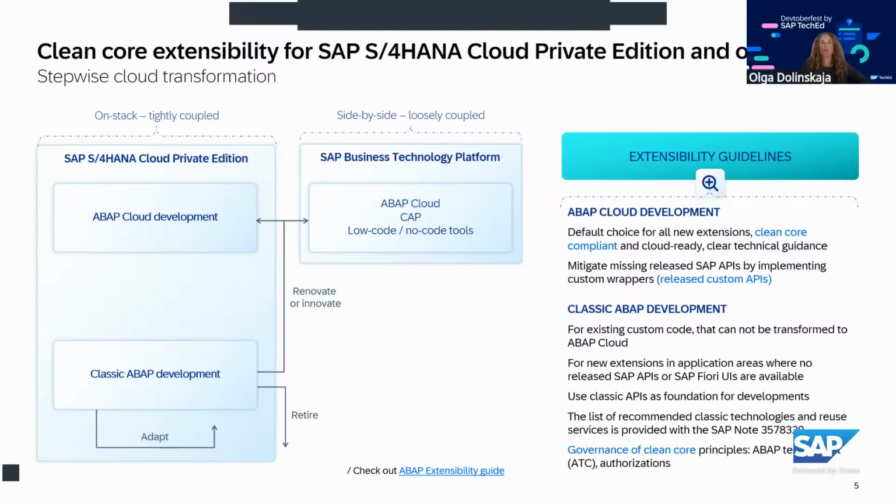And another option is to think about the renovation or innovation of existing custom code in the direction of modern cloud ERP, like, for example, leveraging the new technologies, frameworks and services which are available on business technology platform and outsource your custom code to business technology platform. This would be suitable for loosely coupled extensions, or also renovate on stack using the ABAP Cloud development model.